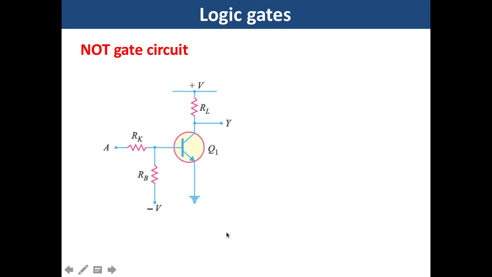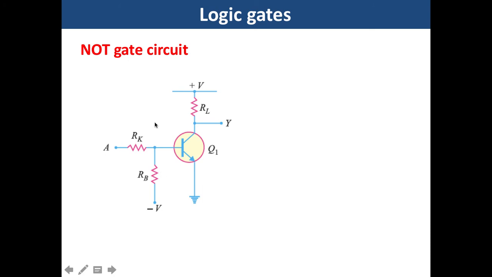If we see the circuit of the NOT gate, here you can see that RK and RB, the resistances, are the divider of the logic circuits.